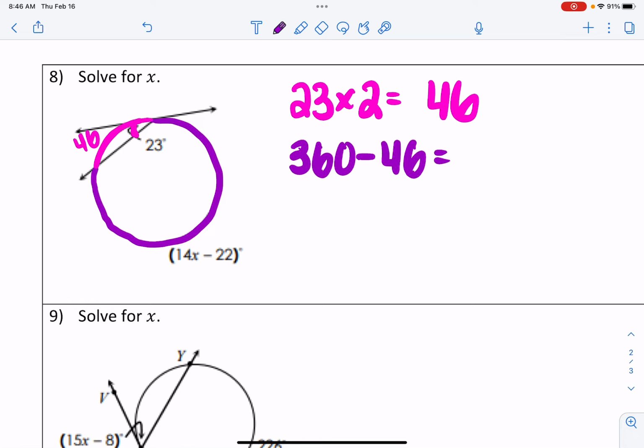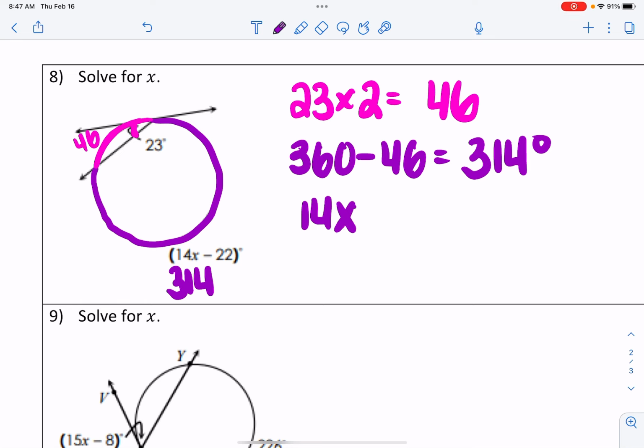And so you're going to get 300 and, let me just think for a second, 14? Let me just check, make sure. Okay. 360 minus 46, yep, 314. Okay, and so that's the measurement of the arc, which is also represented by 14x minus 22. So I'm going to set those two parts equal to one another.